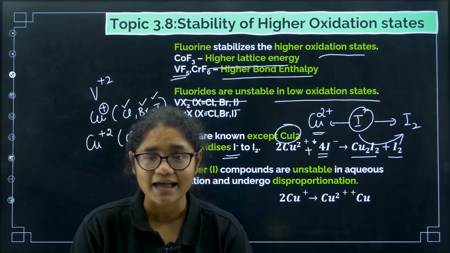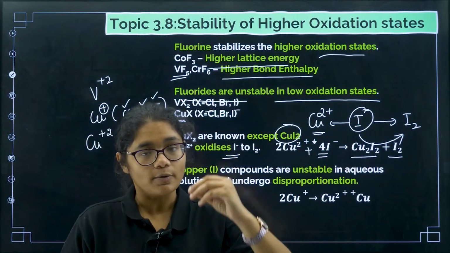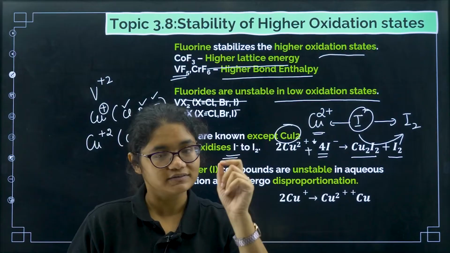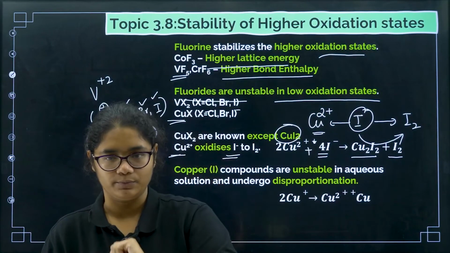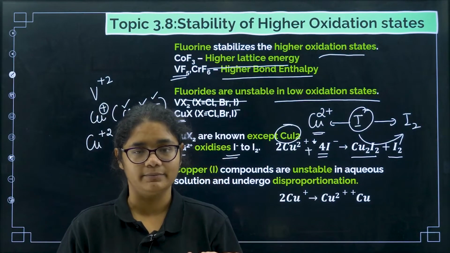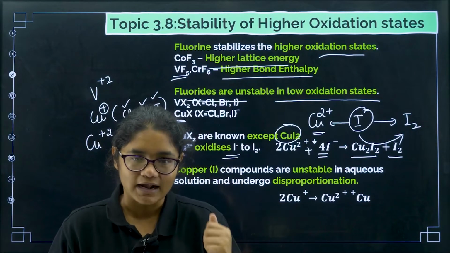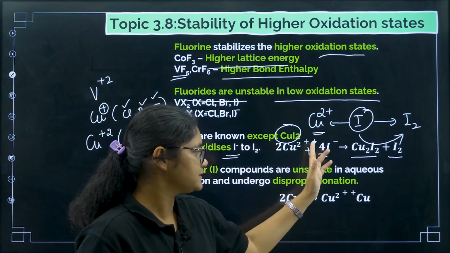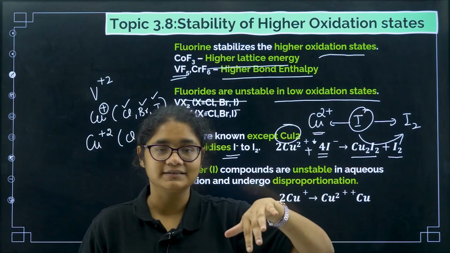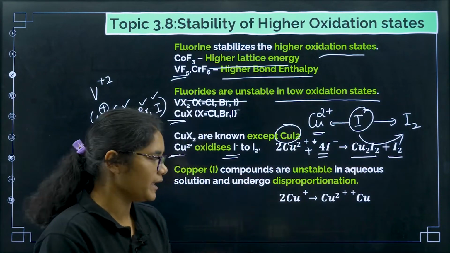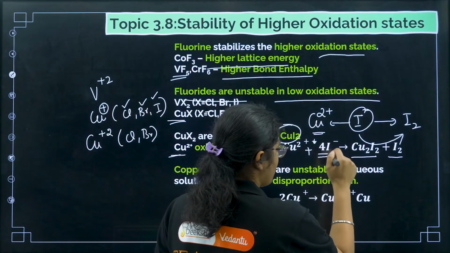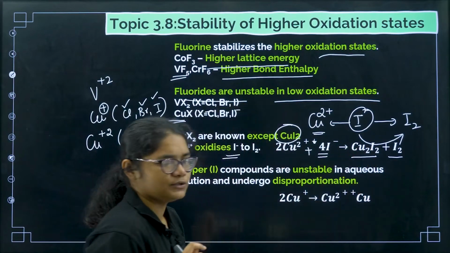What is the reason for that? The reason is that copper 2+ easily oxidizes I- to I2. Now I- is not available, it got converted to I2. Then how will copper form a bond? So copper 2+ oxidizes I- to I2 and itself gets converted to Cu+. Now Cu+ can form a bond with I- to give you Cu2I2.